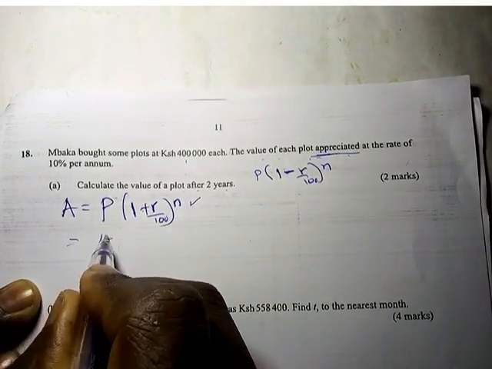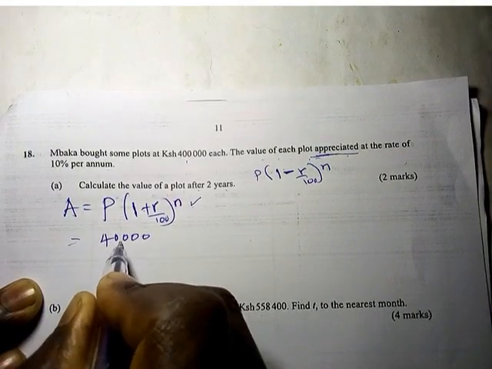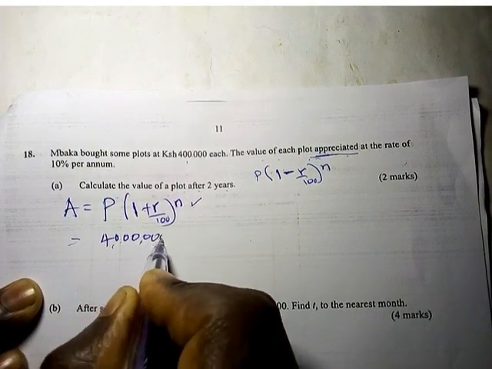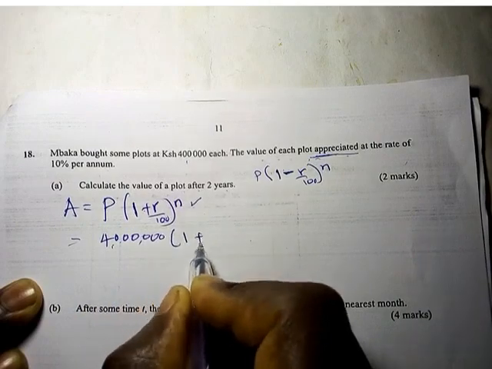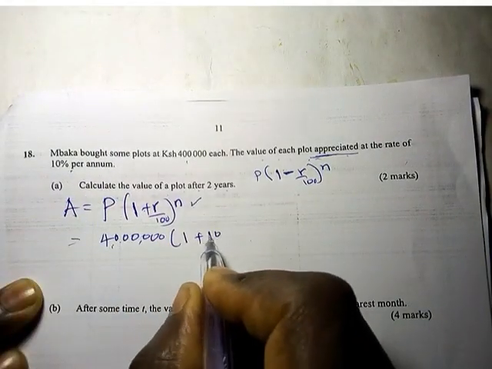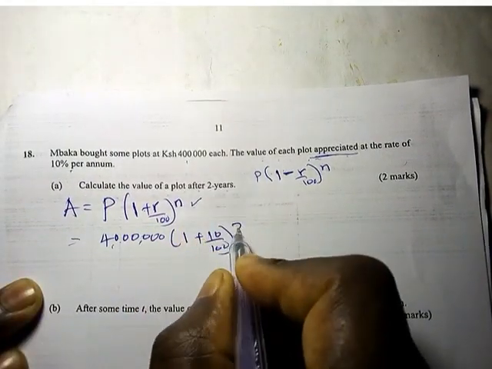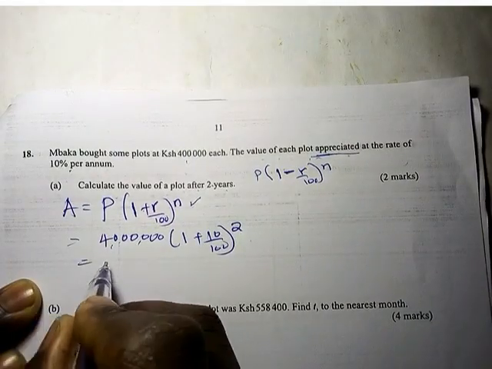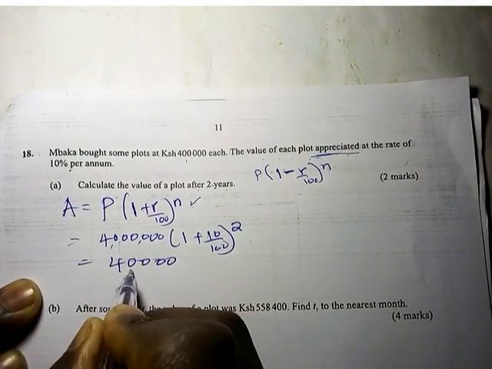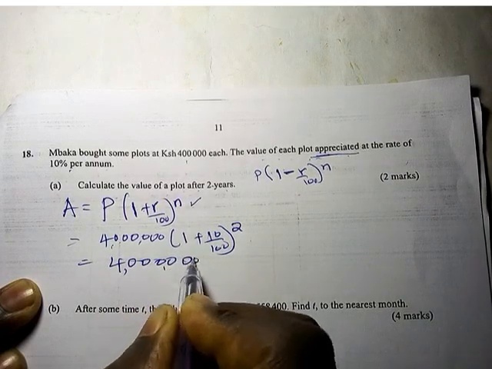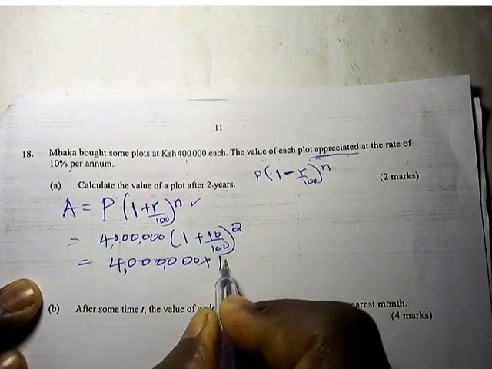So our principal that was bought is 4 million into 1 plus the rate 10 over 100. After 2 years, our n is 2. This is 4 million times 1.21.